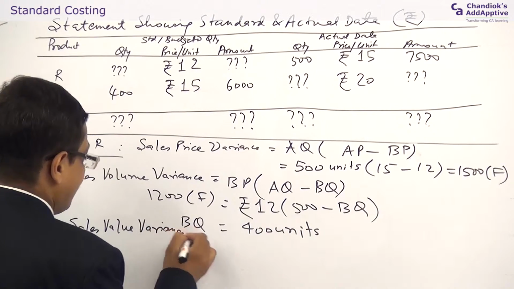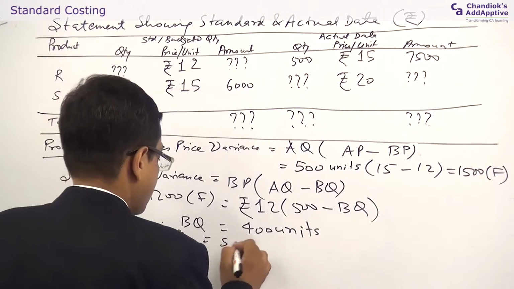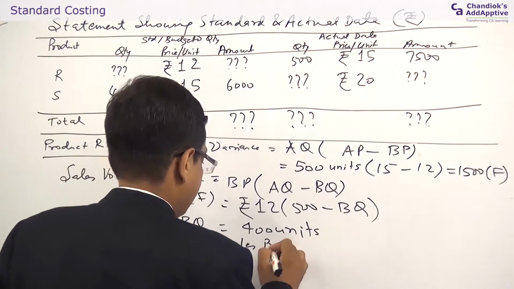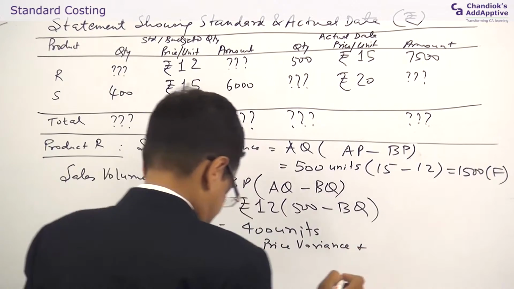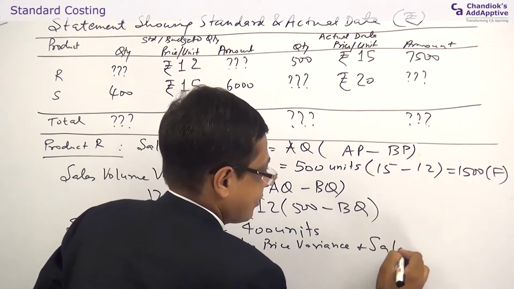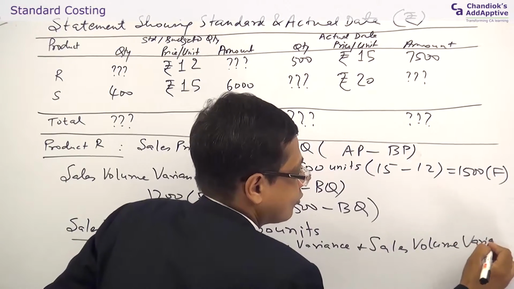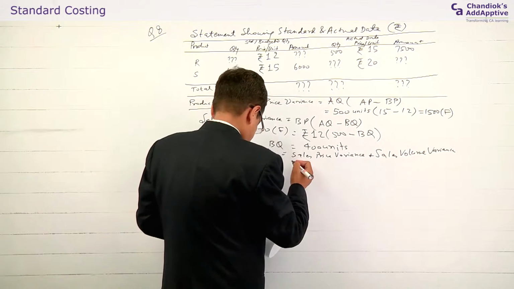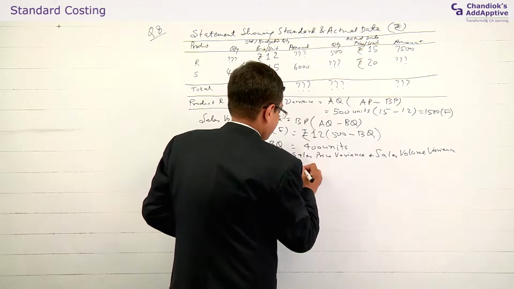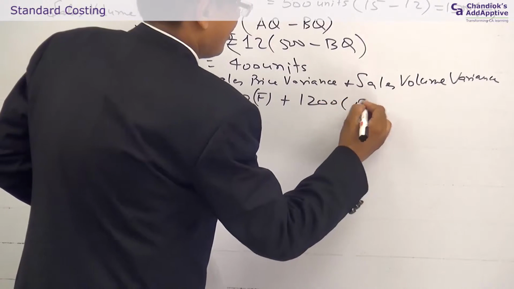After getting this, you get your sales value variance. So, sales value variance is sales price variance plus sales volume variance. You have already got 1500 favorable plus 1200 favorable.